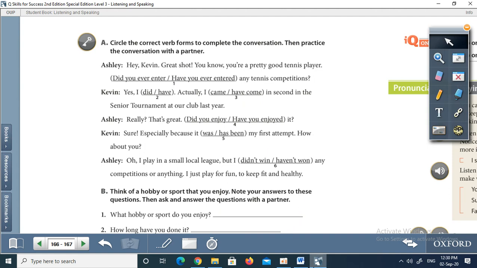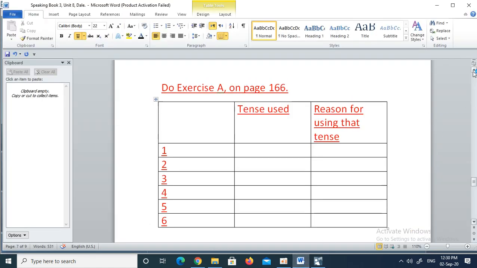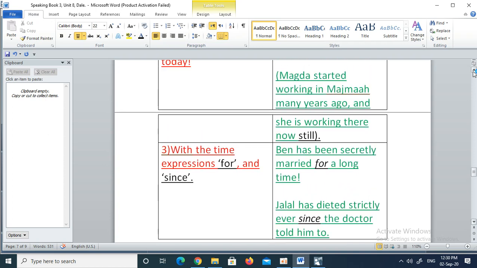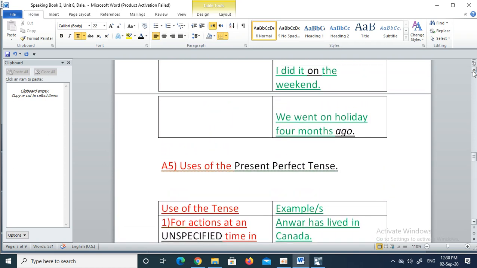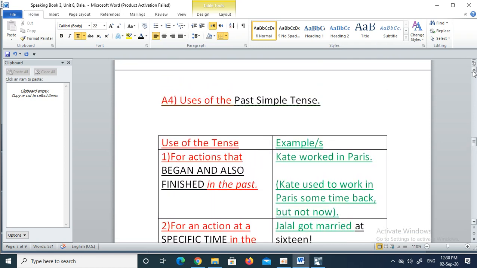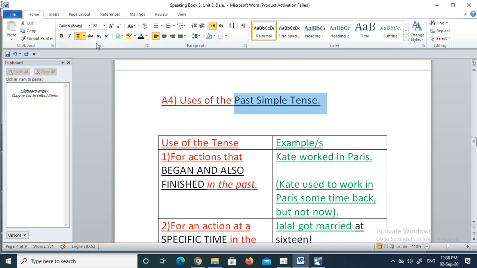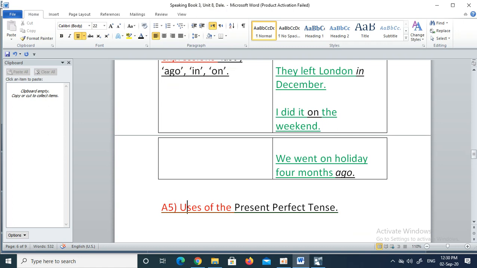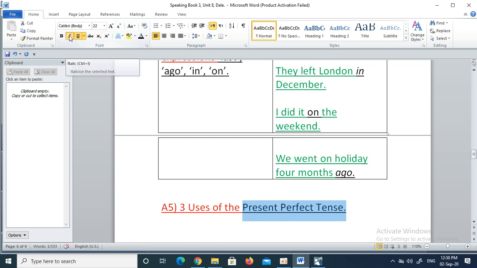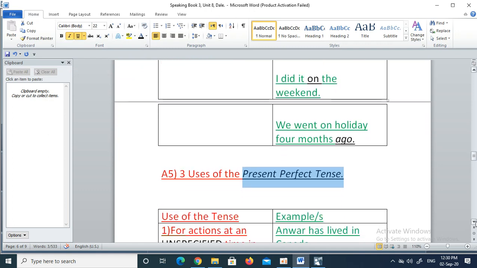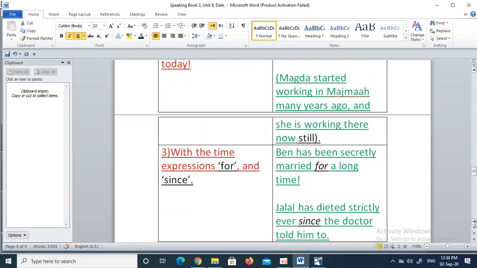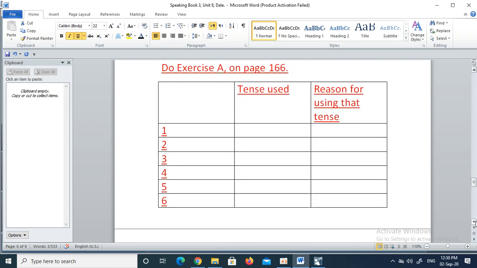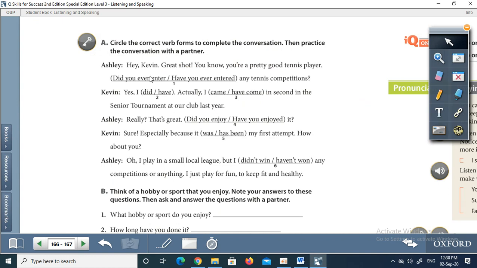Now, when you decide which is the correct option, before you decide, look and see the 3 reasons for which we use the past simple, and then look and see the 3 reasons for which we would use the present perfect, and then decide on each of those occasions which would be the correct option.